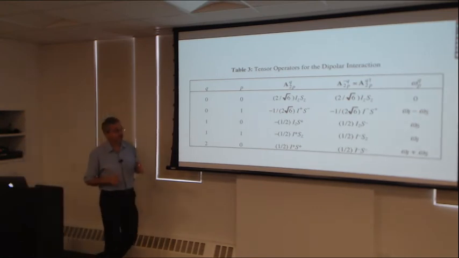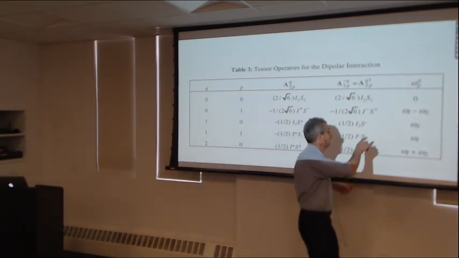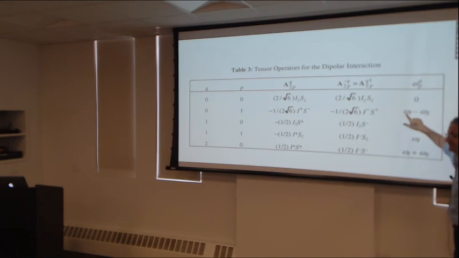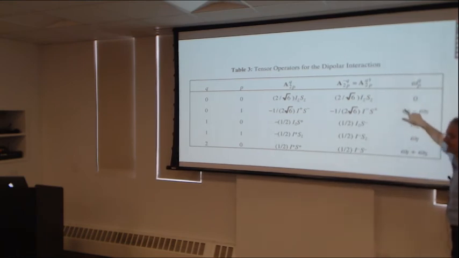One has to be careful about the omegas because these are signed. So omega for nitrogen is negative because the magnetogyric ratio is negative. So one has to be careful about making sure you keep the sign of omega when you do this calculation.